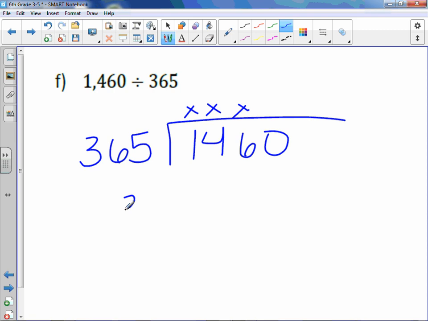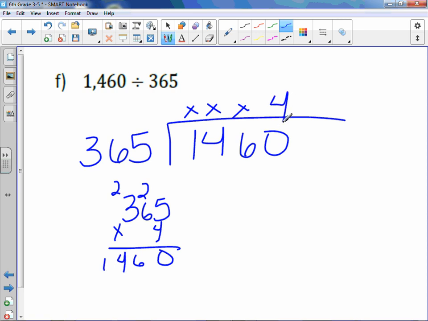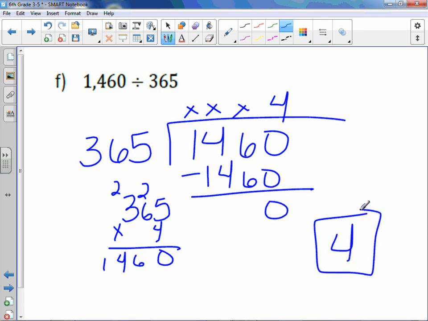Let's try 4. We have 20, carry the 2. 4 times 6 is 24, plus 2 is 26. 4 times 3 is 12, plus 2 is 14. Looks like it goes in exactly 4 times. So our quotient here is 4.